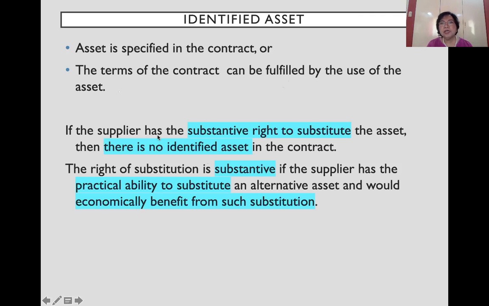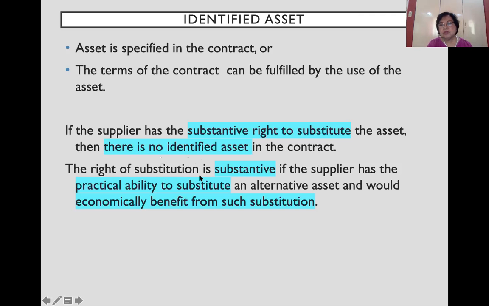So if the supplier has the substantive right to substitute the asset, then there is no identified asset in the contract, meaning that if the asset can be withdrawn by the supplier and it would be practically possible for the supplier to substitute another asset, and that substitution will economically benefit the supplier, then in effect, there is no identified asset.